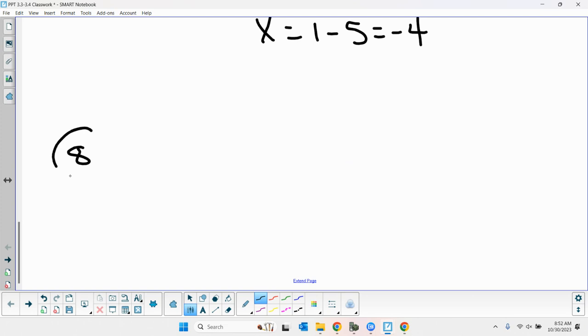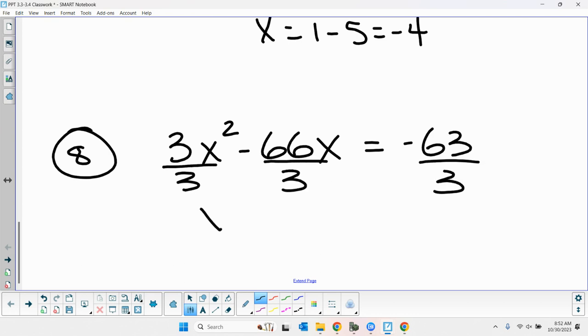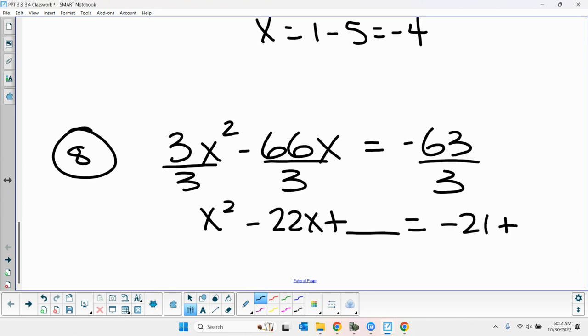This one's a little different because my A value is what, Badger? 3. Very good. So what we have to do is divide everything by 3 first, because in order for us to do this, A has to be 1.